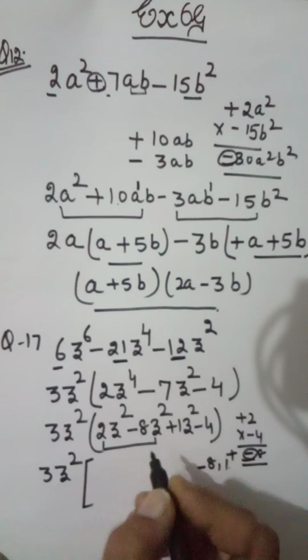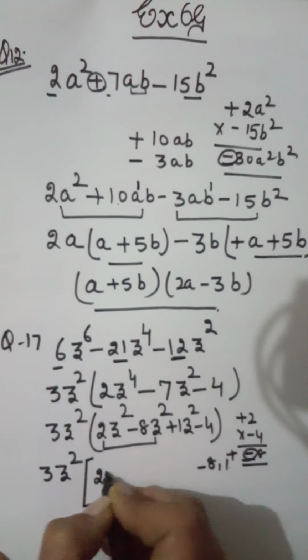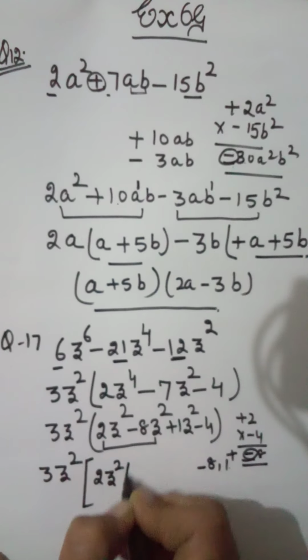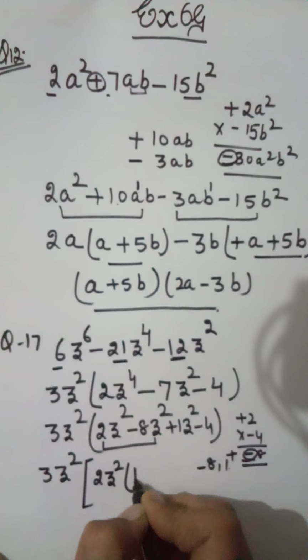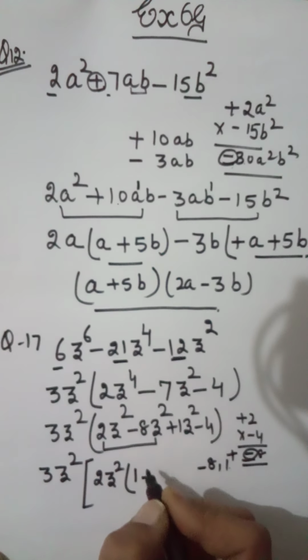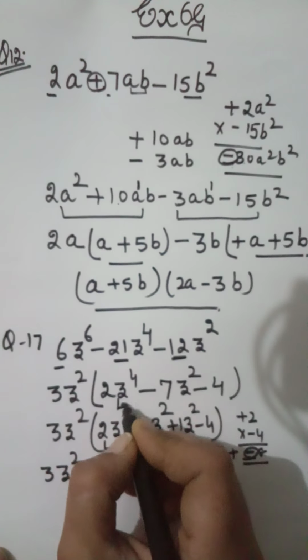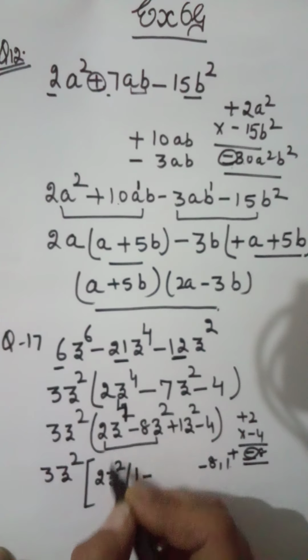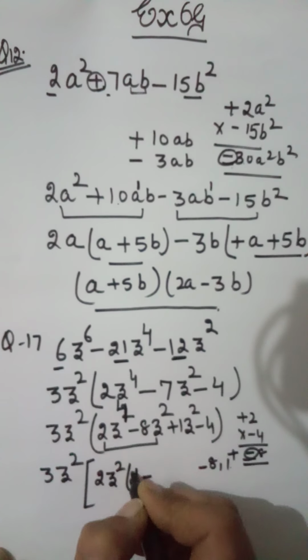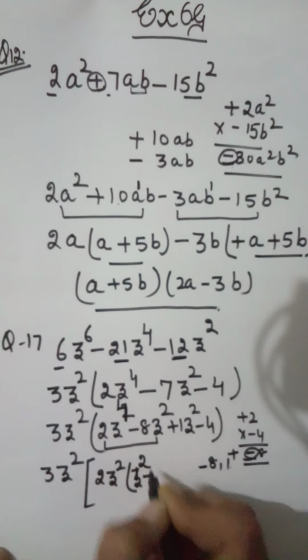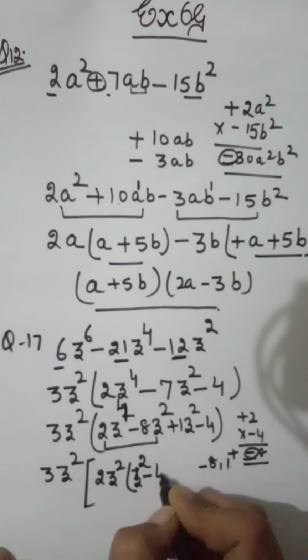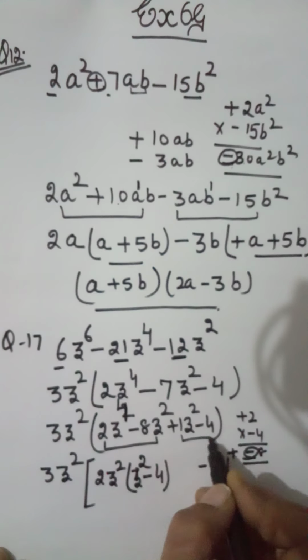From here what is common? 2 and z square. Then what is left here? Sorry, here is z4. So 2 is common, z4, here z2 is common. What is left here? z2 minus 2 4s are 8. From here what is common?